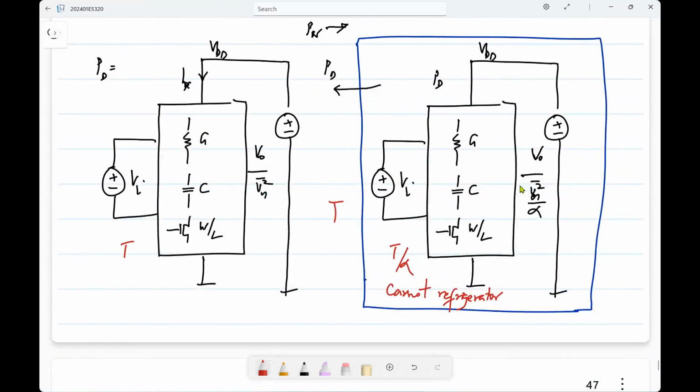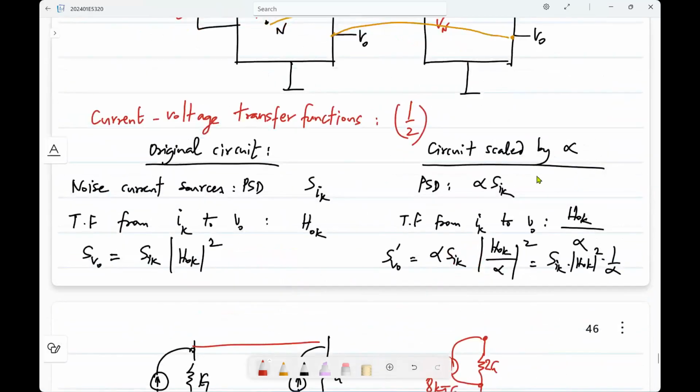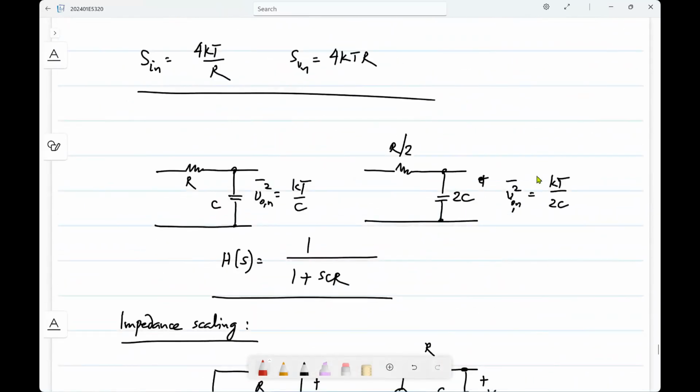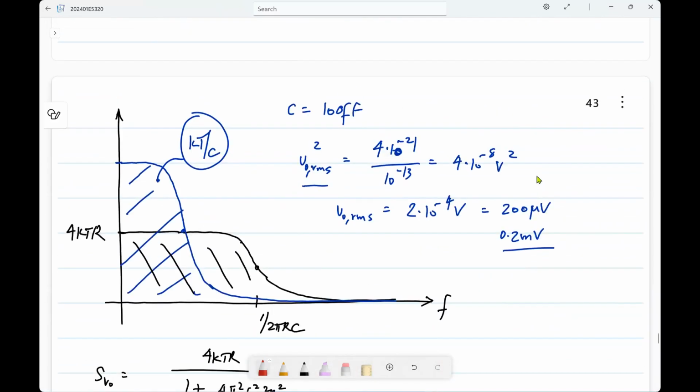General values of alpha? No, it can be anything, right? See, the area is limited by the total area available to you. So the initial design you do with some values, and it could be completely arbitrary. For instance, let's take this particular circuit. Let's say I arbitrarily started with a 100 femtofarad capacitor, and I find that the noise is 200 microvolts.